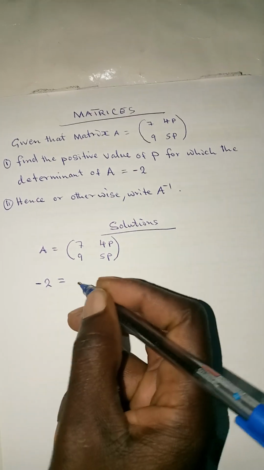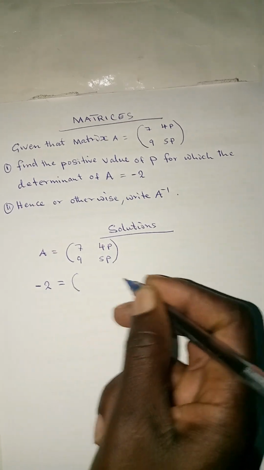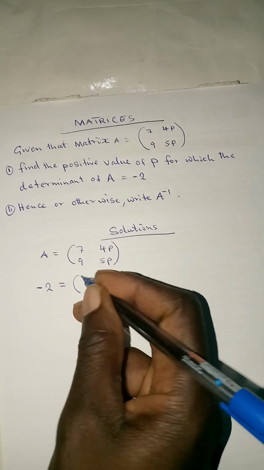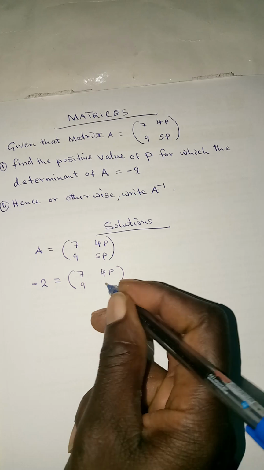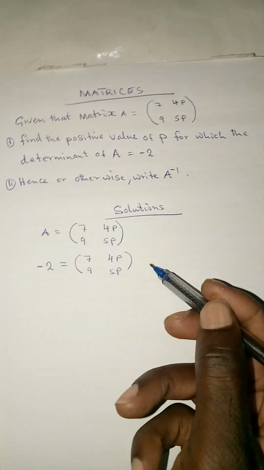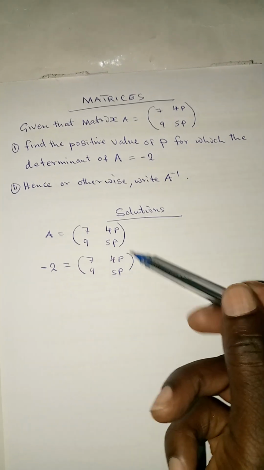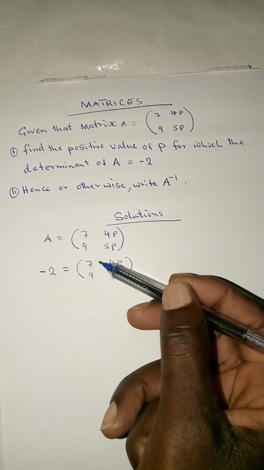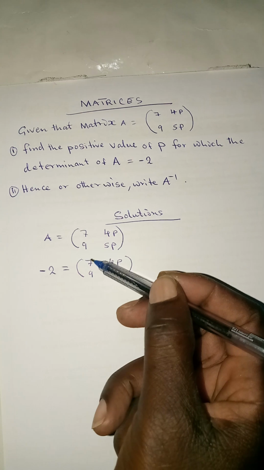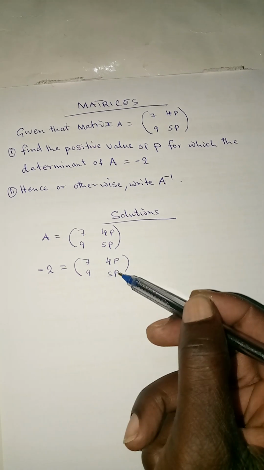We say equal to, here we have 7, 9, 4P, 5P. So we are going to multiply. The basic idea is to find the difference between the major diagonal and the minor diagonal.